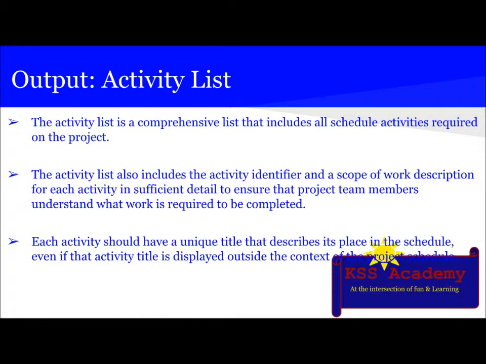The activity list also includes the activity identifier and scope of work description for each activity in sufficient detail to ensure that the project team members understand what work is required to be completed. Each activity should have a unique title that describes its place in the schedule, even if that activity title is displayed outside the context of the project schedule.